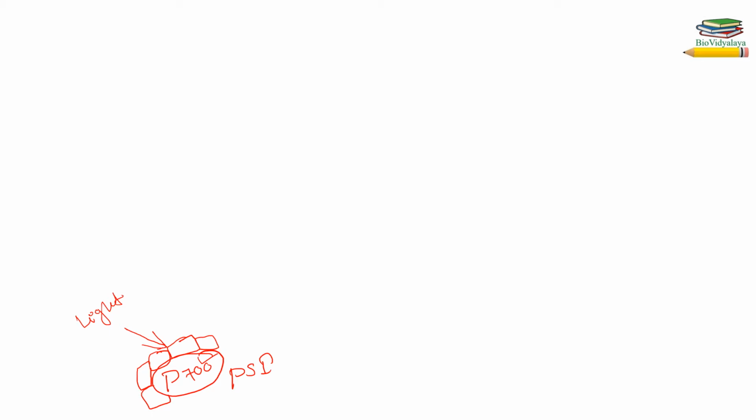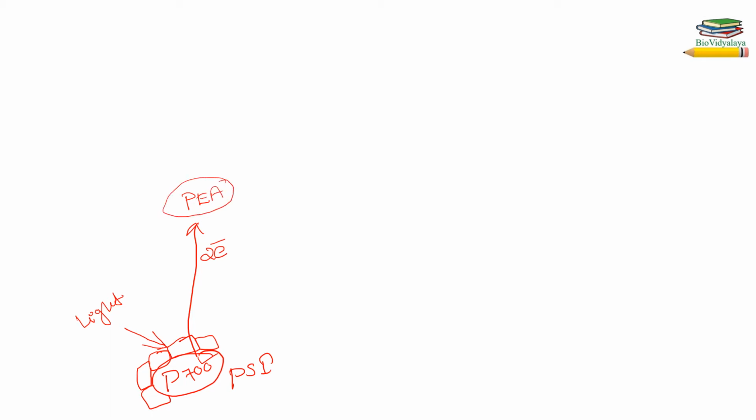The reaction center gets excited by absorbing photons and releases two electrons, and these two electrons are accepted by the primary electron acceptor.